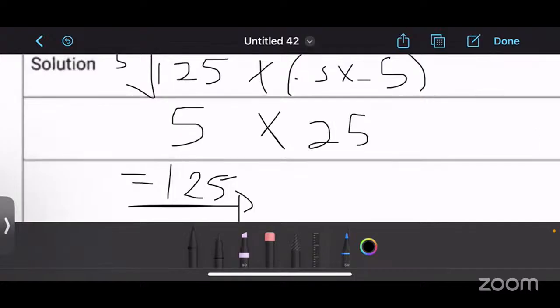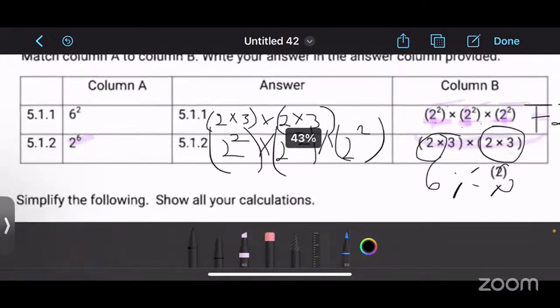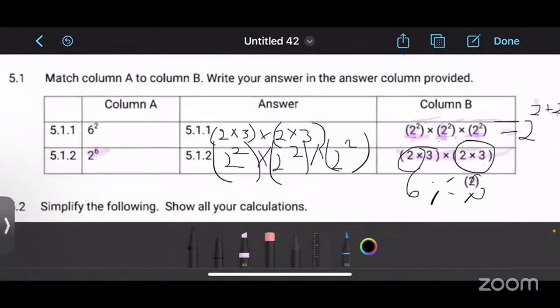Okay, let me tell you something that I used to do. You see this one over here. I'm not saying you should do that. I'm just sharing with you my experience, what I did, right? So you see here we have column A and column B, and we have 6 to the power of 2 and 2 to the power of 6. And we have 2 to the power of 2, 2 to the power of 2 to the power of 2, and we also have a 2 times 3 and 2 times 3.